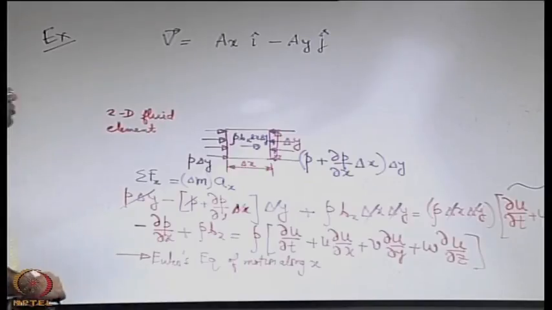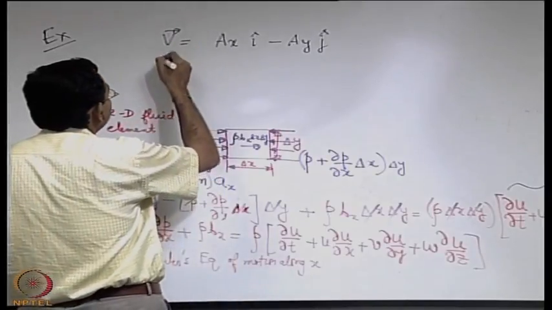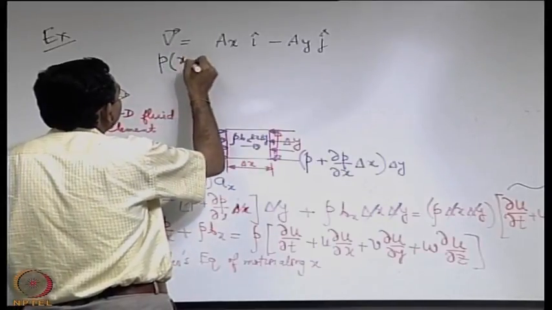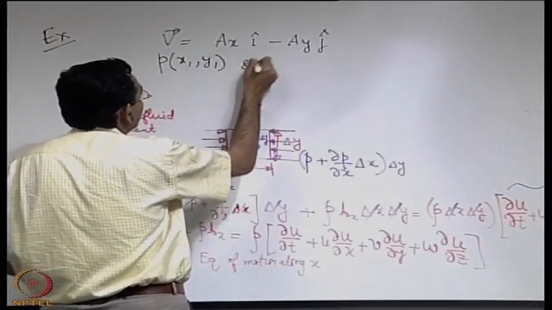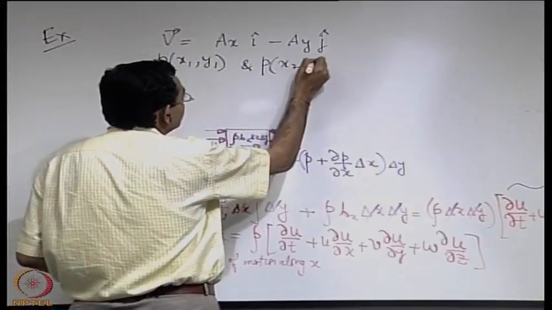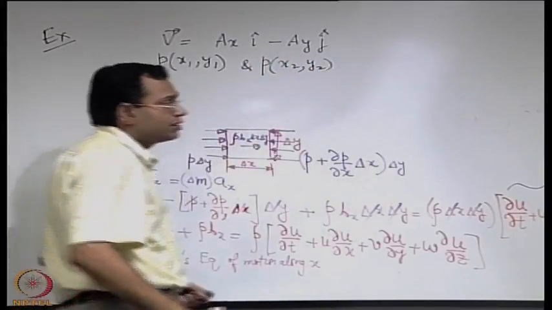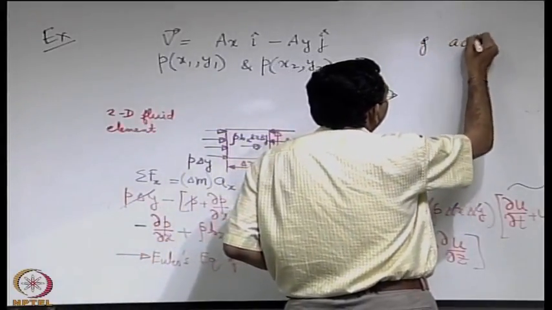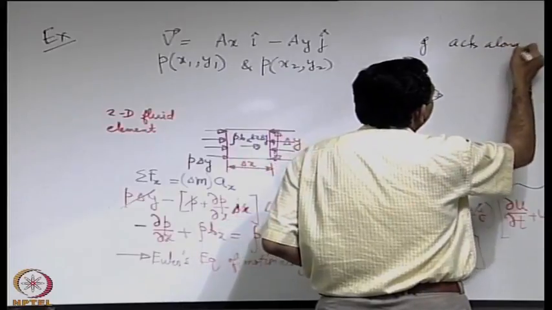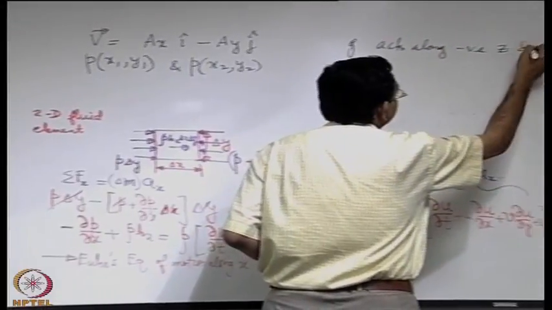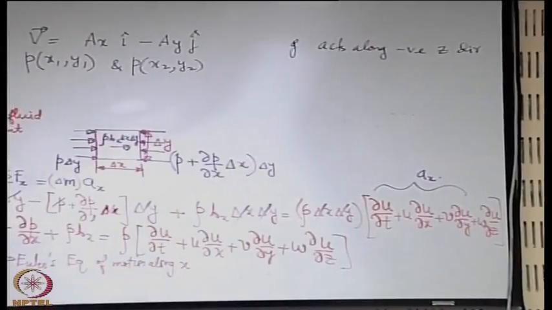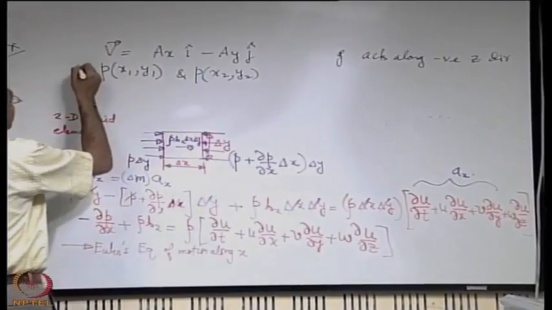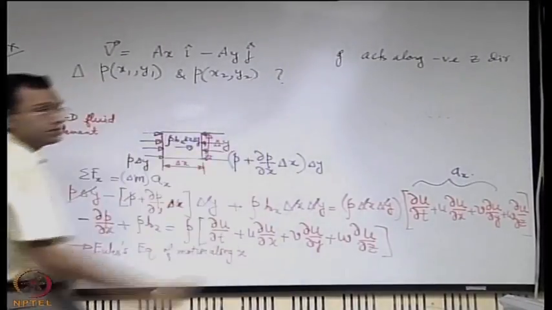We are interested to find out what is the difference between pressure at 2 points given by x1 comma y1 and x2 comma y2. It is given that g, the acceleration due to gravity, acts along negative z direction. So the question is, what is the difference in pressure between these 2 points?